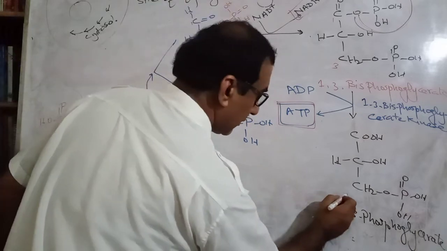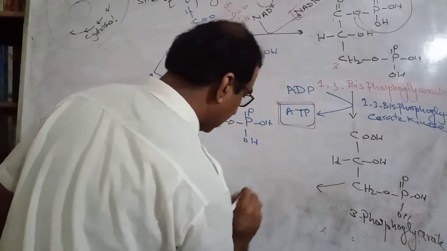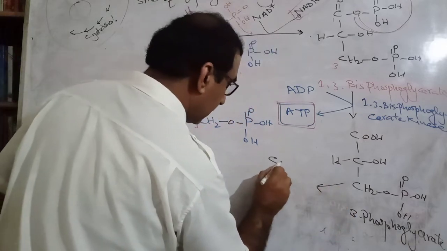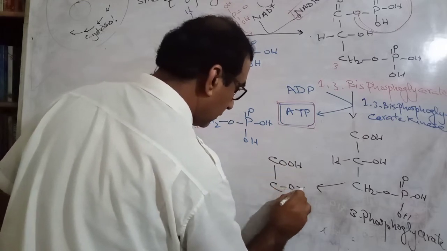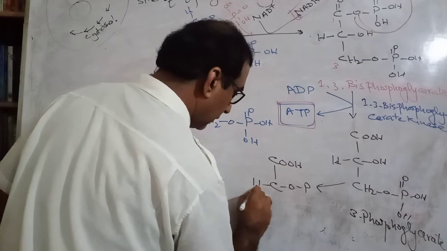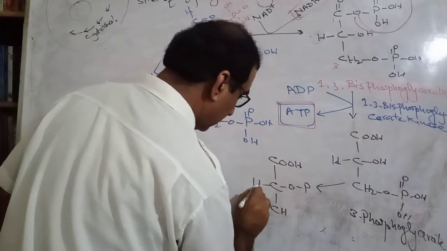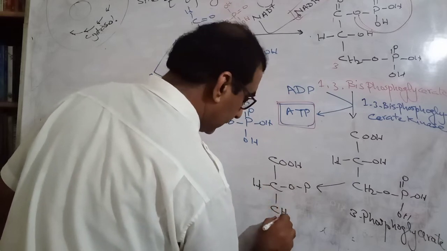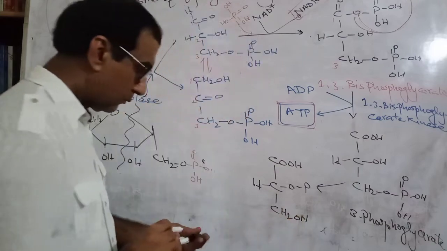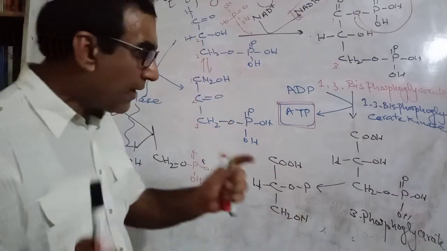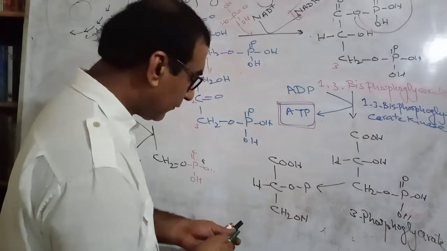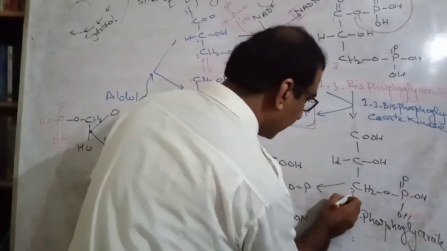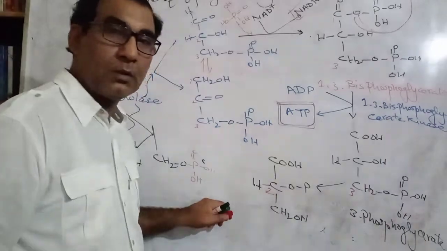From this, what happens? The mutation has occurred in the molecule. Phosphate has mutated from position 3 to position 2.